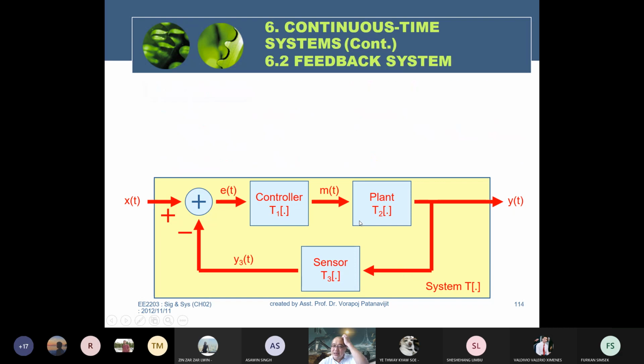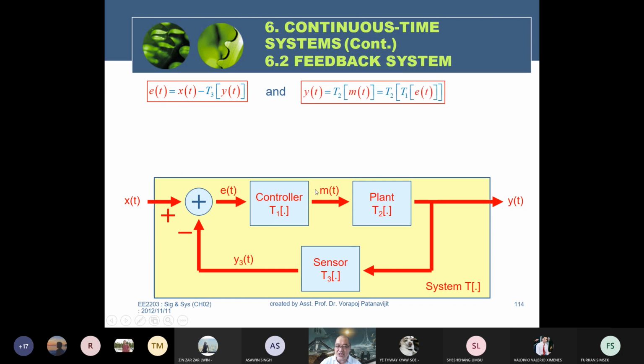From the engineering point of view, we would like to explain the analysis idea of the relationship between each signal as a mathematical function. The error will be in the form of x minus y3, where y3 is the sensor output, T3 times y. You can see that in this case, you can substitute them. The output y from the process is in the form of T1, T2 and the error signal.